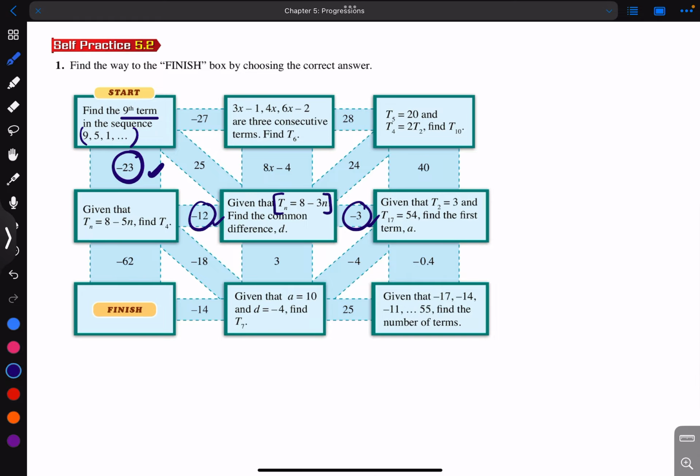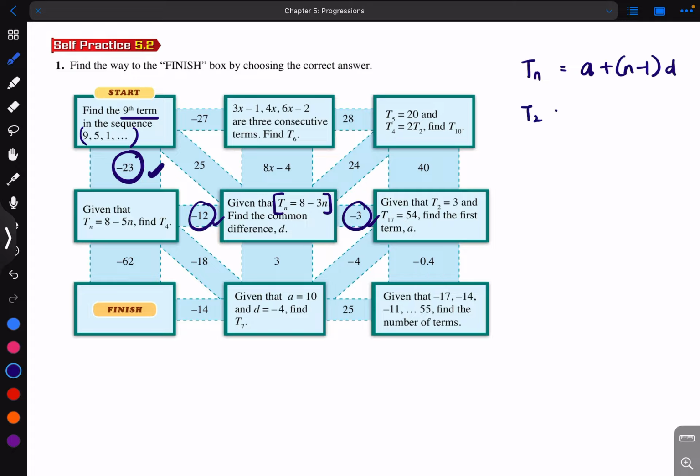Okay. Then the next one. They gave us T2 is 3 and T17 is 54. Find the first term. Okay. So here, our general formula of Tn is this.